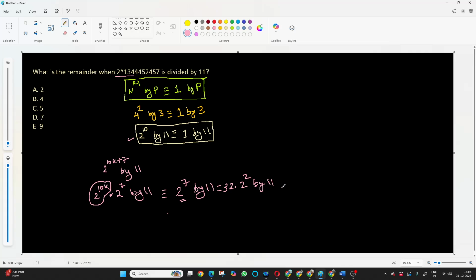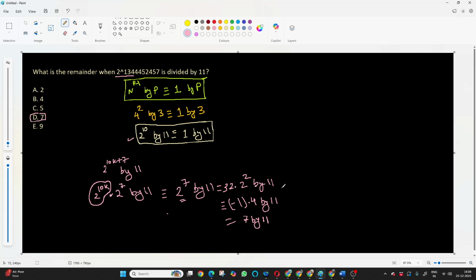So we can say that the remainder is minus 1 from here, and 2 square is 4. So minus 1 multiplied by 4 is minus 4. Minus 4 with respect to 11, if you look at the number system, is plus 7. So the remainder with respect to 11 is 7. So the entire expression's remainder with 11 boils down to 7, which is the correct answer.